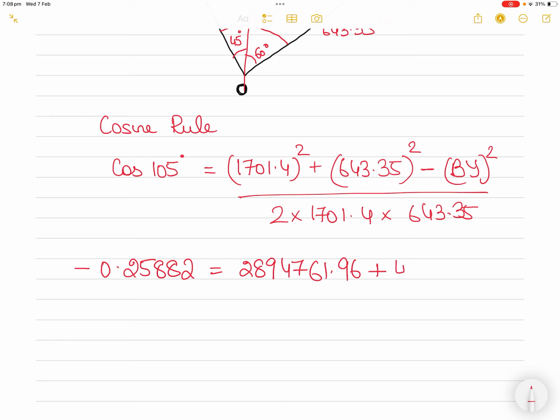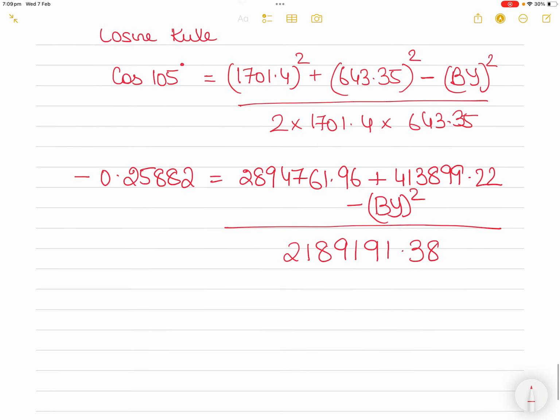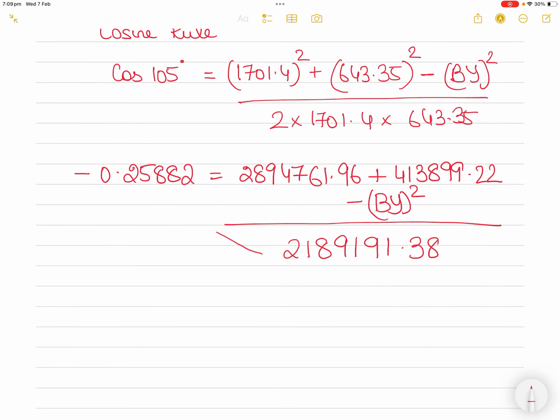Make sure that you are working this out with me, otherwise you will not understand where I'm getting these values from. Minus BY squared, which is something I don't know, divided by 2 times 1701.4 multiplied by 643.35. So I get the denominator 2189191.38.